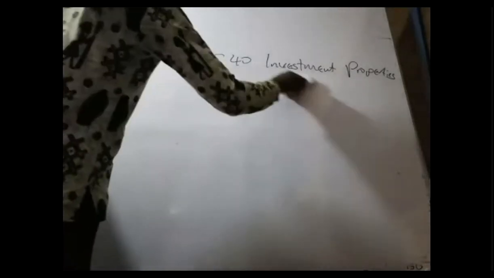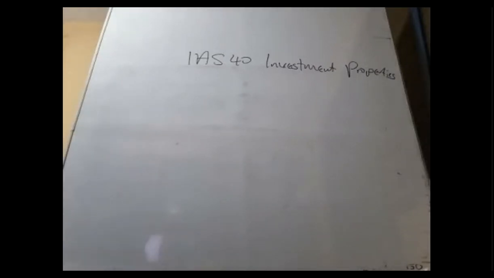So terms, the first term that we have to explain or be familiar with is the definition for investment property. The definition is a bit lengthy or longer, but I'll break it into 3 summaries.